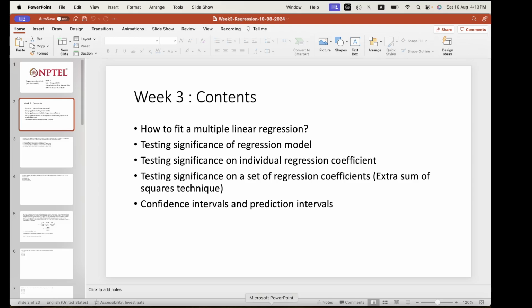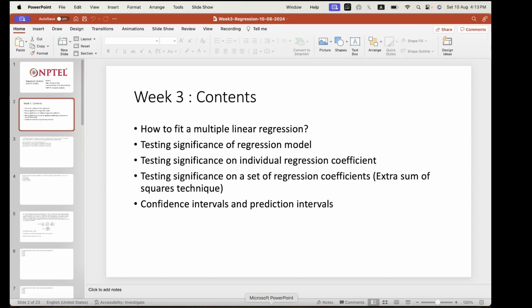And last but not the least, we learned something about the confidence intervals and prediction intervals. Okay, so this was very briefly what we had learned during week 3 lectures, and I will give a little more intro and then we'll move on to solving problems.